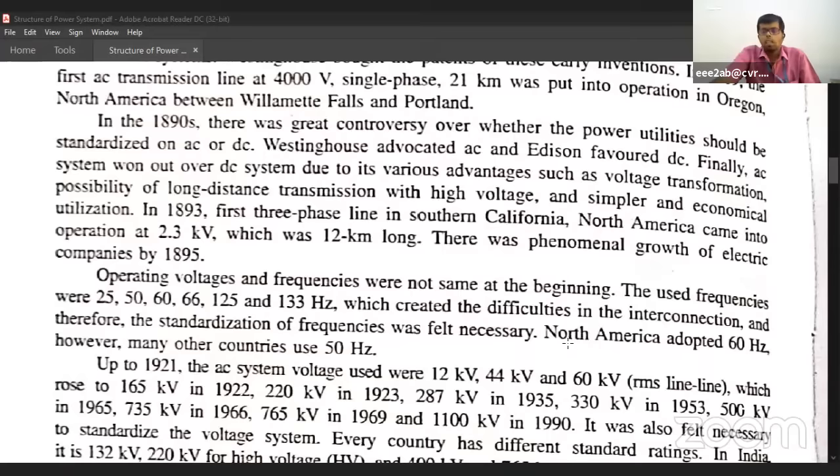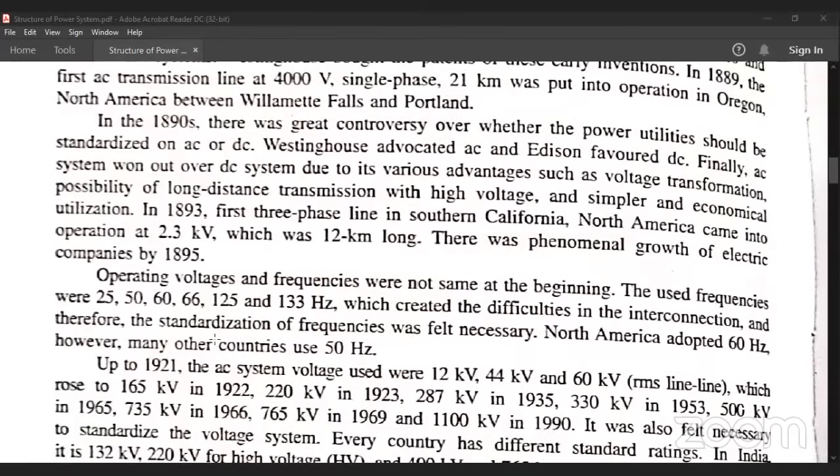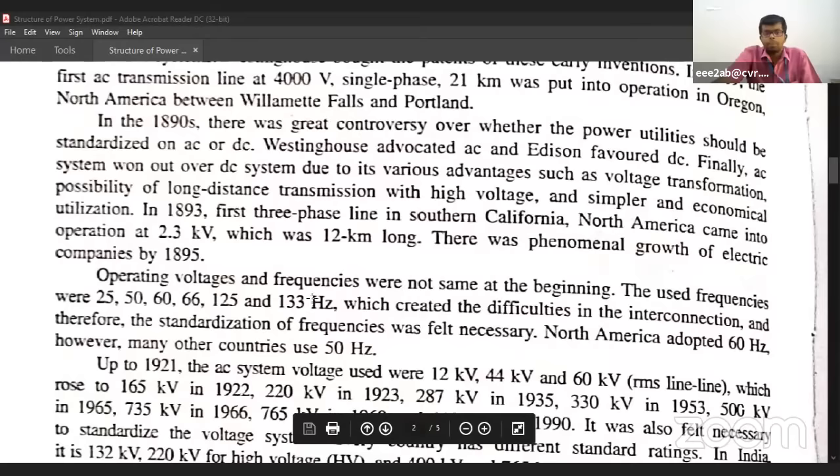In North America they adopted 60 hertz, however in many countries they have adopted 50 hertz. We fall under 50 hertz.